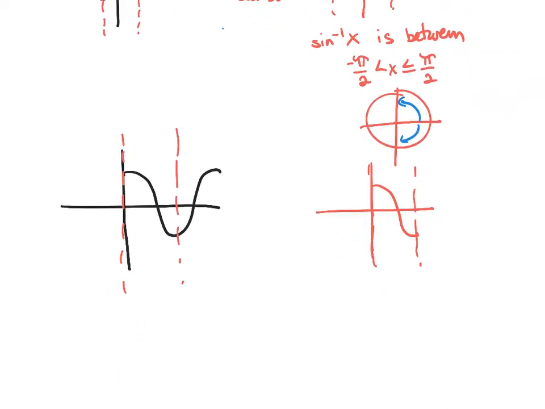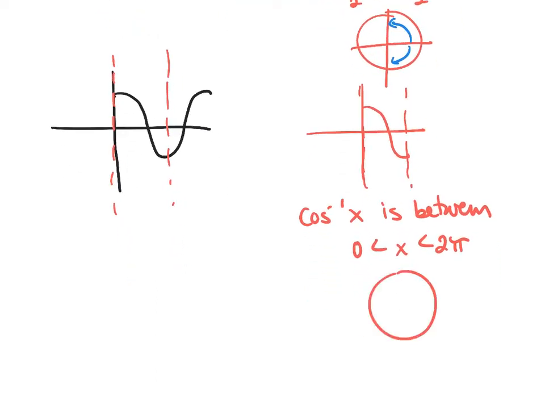For every one x there's one y, and for every one y there's one x, which means that inverse cosine of x is between 0 to 2 pi. If I were to draw a picture of that, inverse cosine of x goes from 0 to 2 pi.